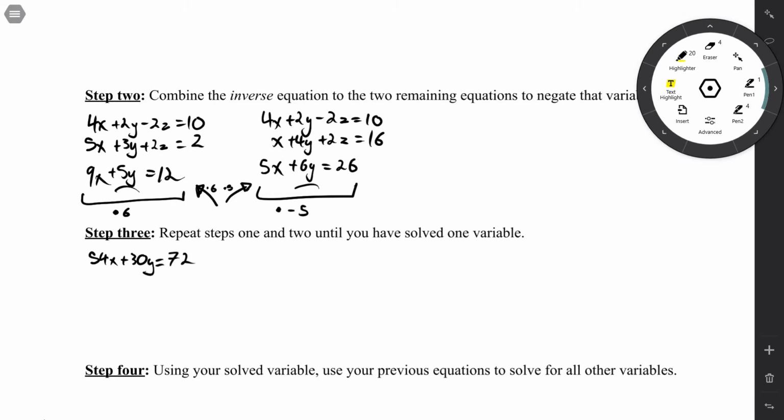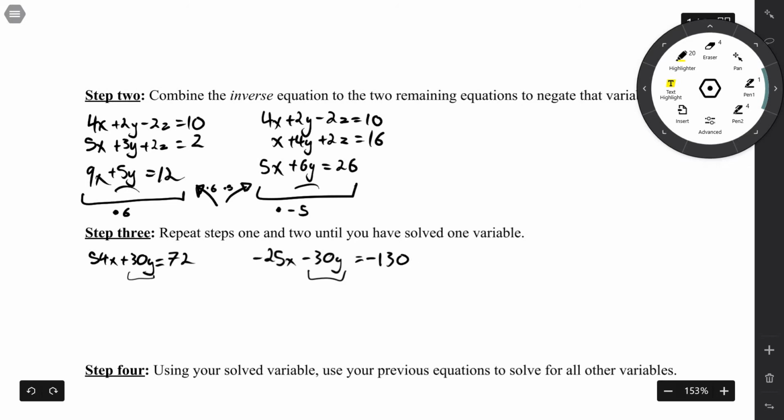And then this side over here will have -25x minus 30y. So then these two will cancel each other out. That's why we're doing this. Equals, let's see, I'm going to use my calculator for this one. All right, that will give us -130.